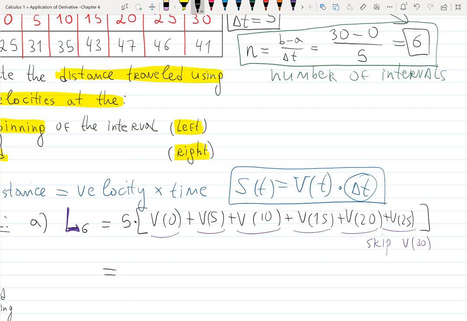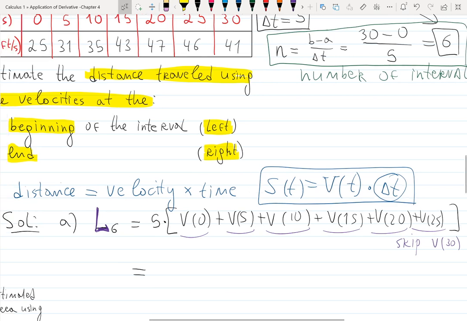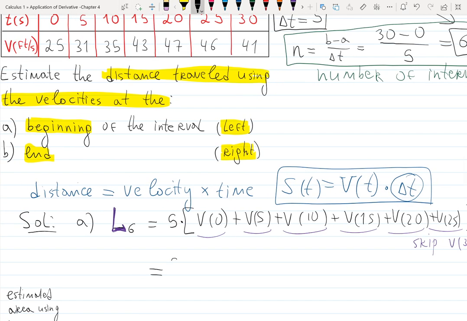Usually we need to plug 0 into the function of velocity, but we don't have the function. So what to do? That's even easier. Here velocities are all given. 5 factored out. V of 0 is 25, v of 5 is 31 plus 35 plus 43 plus 47 plus 46.